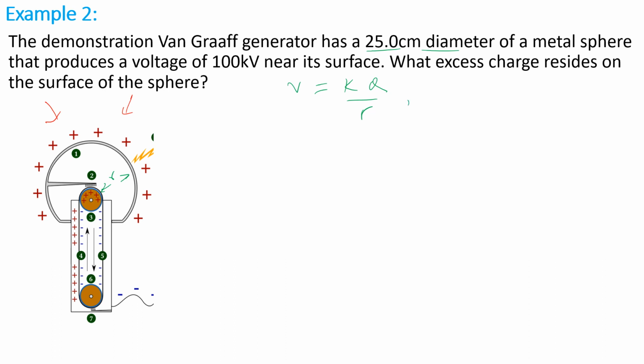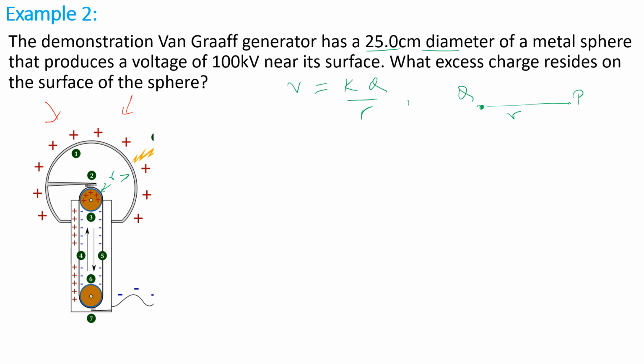It's similar to having a charge Q somewhere here, and then you want to find the electric potential at P, a distance R from the charge. It's the same way.